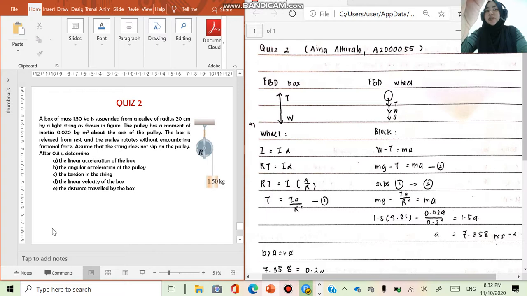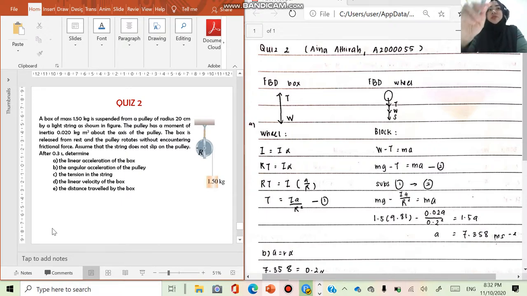Maksudnya daripada jawapan A awak akan carry dia ke jawapan B, daripada B ke jawapan C. So it will help you. Kalau awak blur-blur tu, jawab je lah one by one. But if the lecturer gives you a non-guided question, jawablah awak without any guide. Awak kena fikir sendiri. Macam mana nak start ni ya?